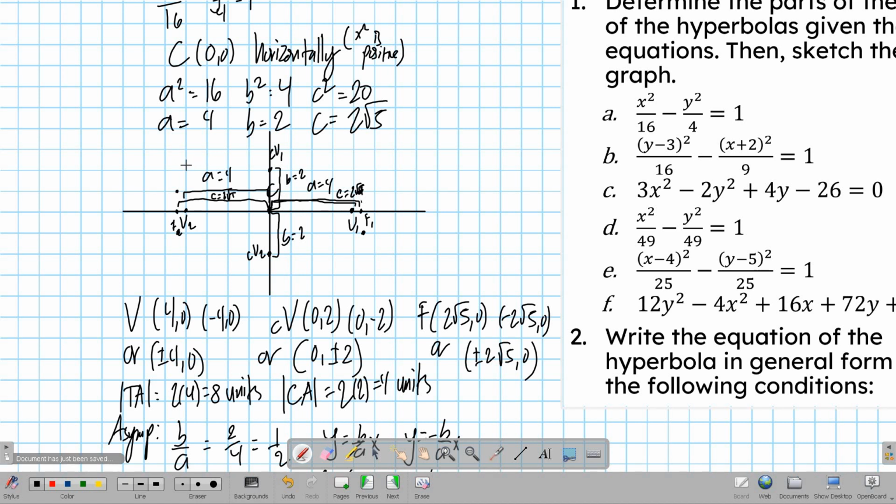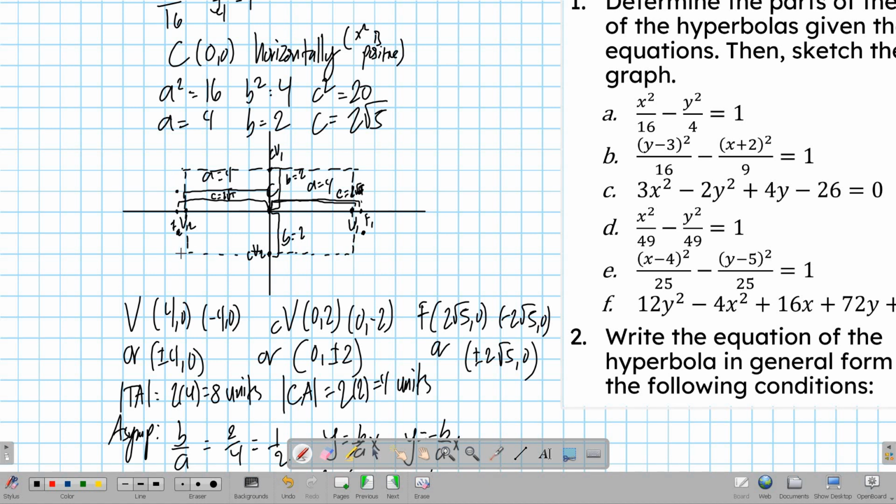So that box can be drawn with broken lines, and just to remind you, the vertices and the co-vertices are not corners, they're actually midpoints of the sides of that specific rectangle. So I'll just draw broken lines here. There we go. I'm drawing them as broken lines because they're not really part of the graph.